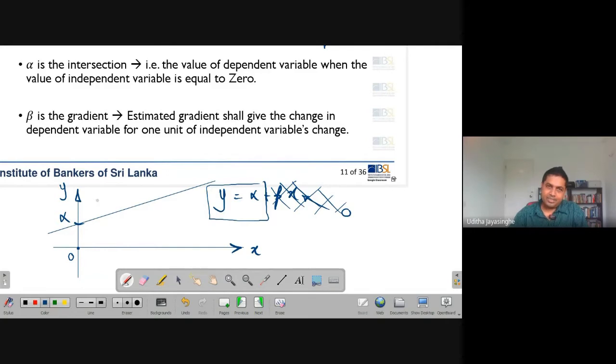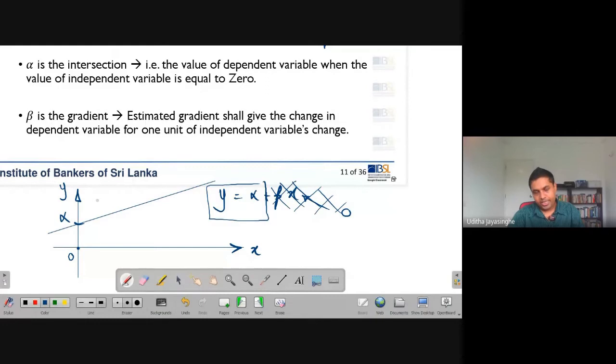And then a variable that can't be 0, something like the time of the day or the age. In such a case, you can say the alpha is the value at the 0th point, but then you can comment whether it's a sensible, practical value or an impractical value.